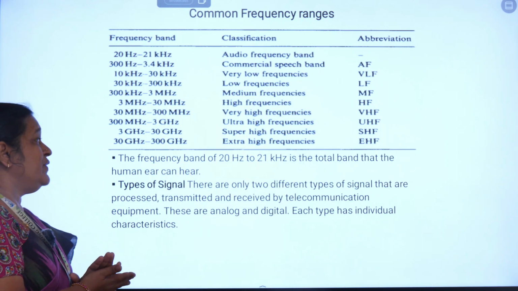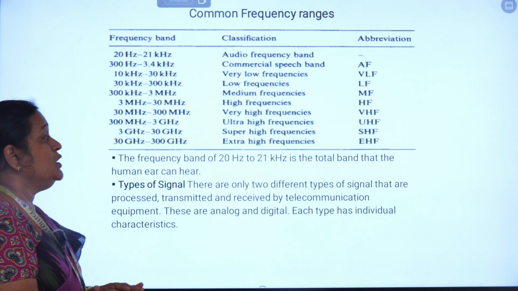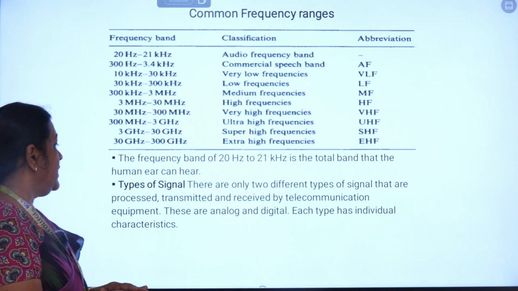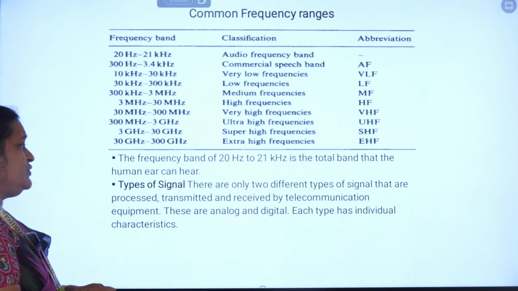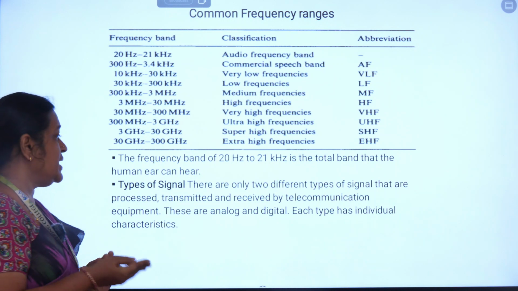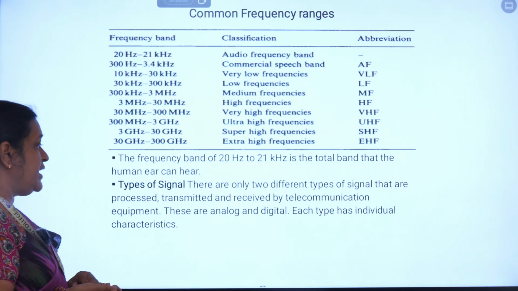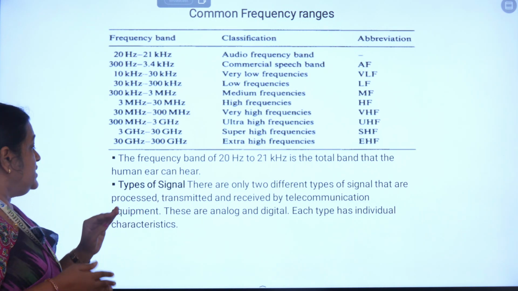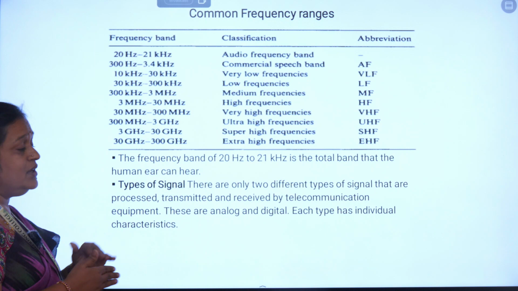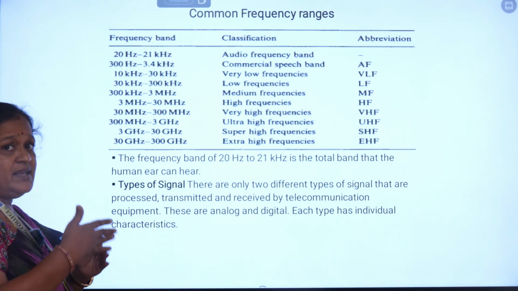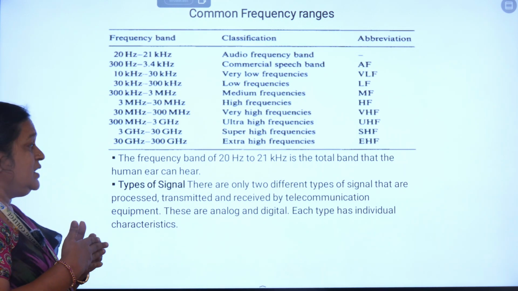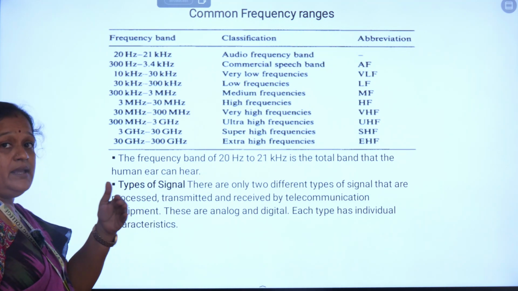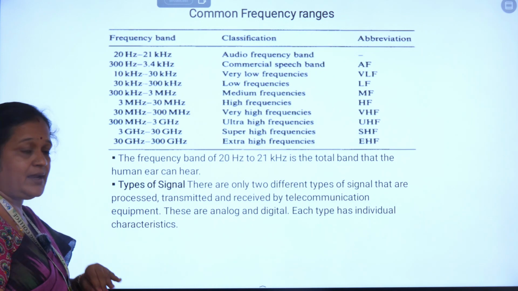Usually the frequency band of 20 Hz to 21 kHz is the total band that the human ear can hear. There are different types of signals that are processed, transmitted or received by telecommunication equipment. These may be analog or digital. Each type, analog or digital, has its own individual characteristics.